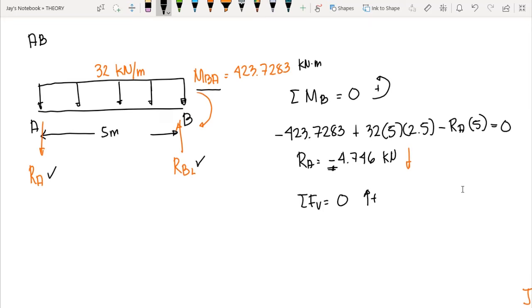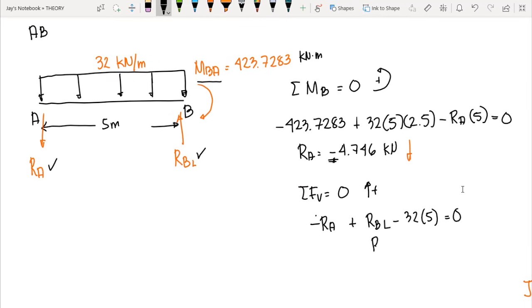Upward forces are positive. Then we have negative RA plus RBL minus 32 times 5, and this equals to 0. By using the value of RA, we have RBL equal to 164.746 kilonewton.